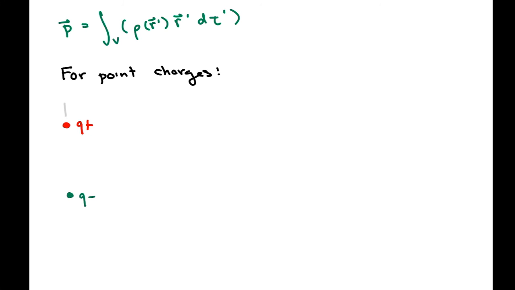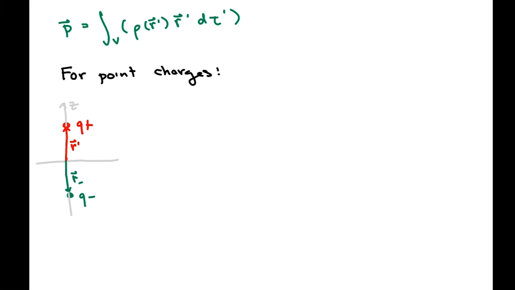I can set up a coordinate system that goes between them and bisects them, and then I can define this to be the position vector for my positive charge. This would be the position vector for my negative charge.